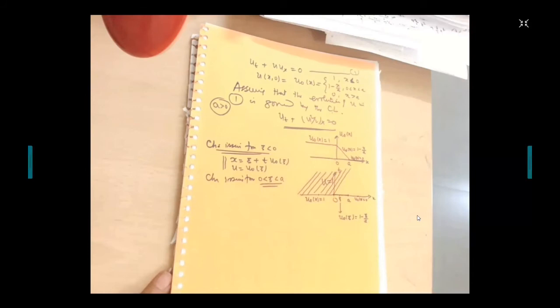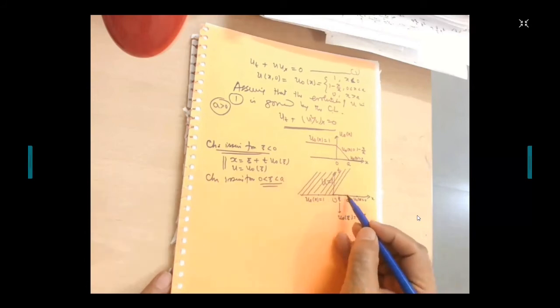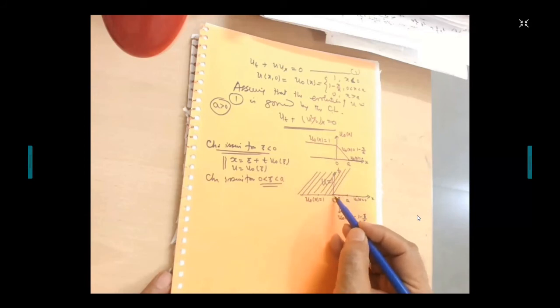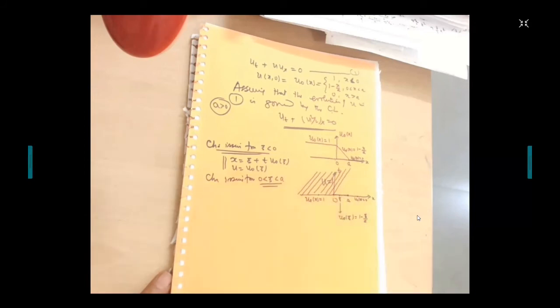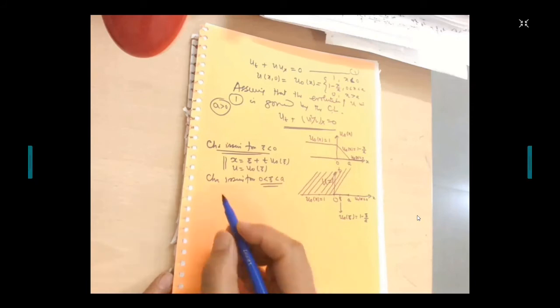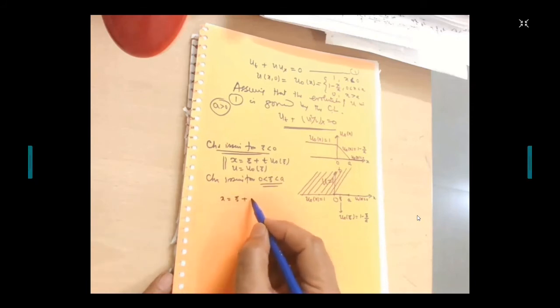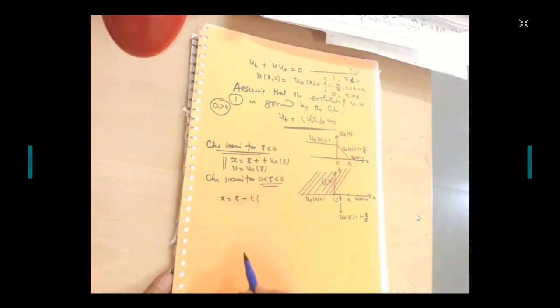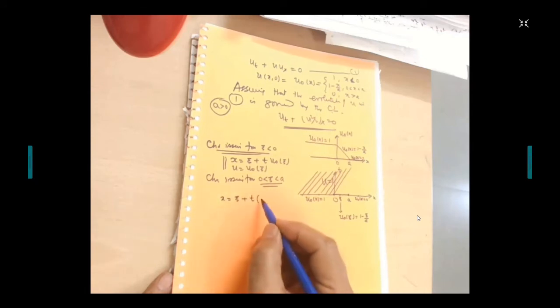What are the equations? The characteristic issuing from any point on this line would be x equal to xi plus t times what? 1 minus xi by a.